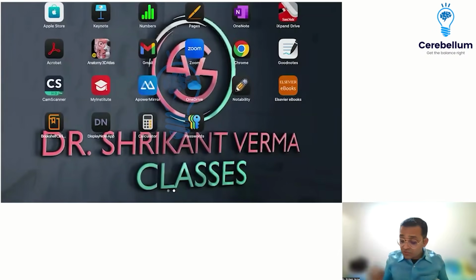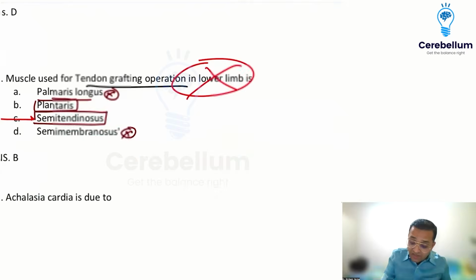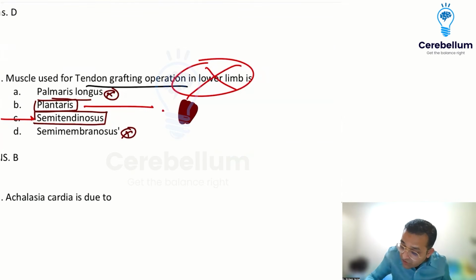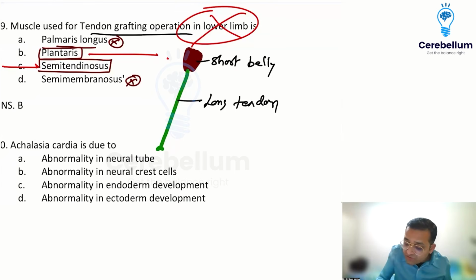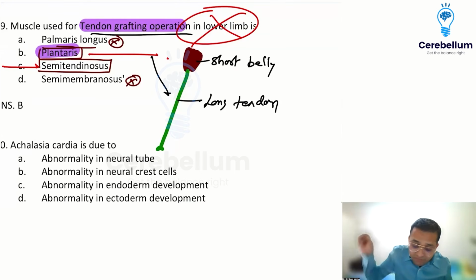That's why it is used for your tendon grafting. Answer is plantaris. Again, sir, this plantaris muscle is having the short belly and the very long tendon. Short belly and very long tendon. That's why this muscle is our tendon grafting operation muscle, plantaris.